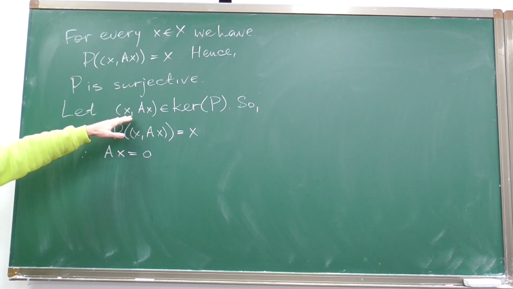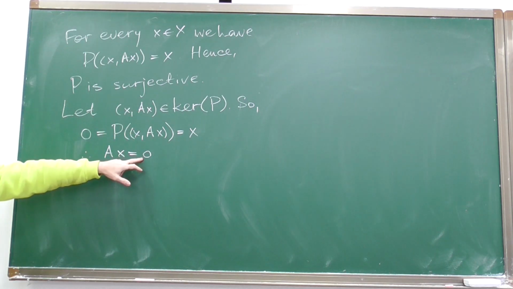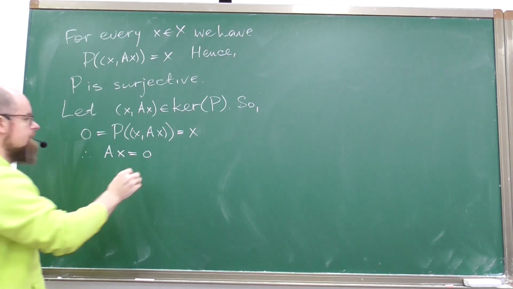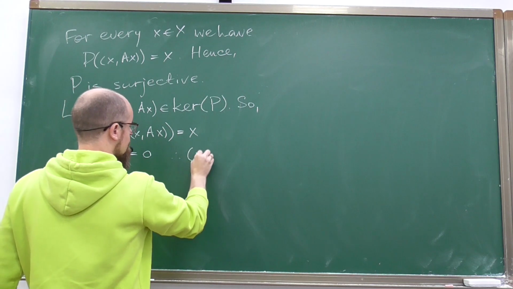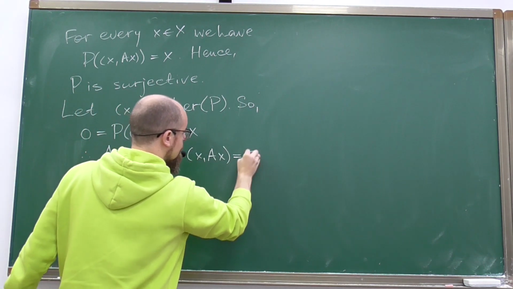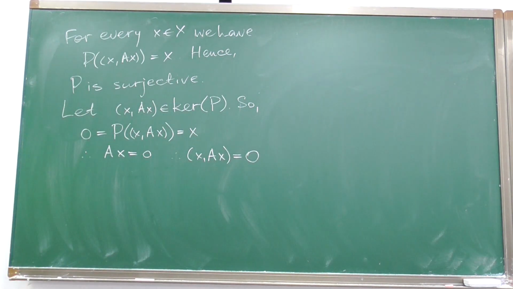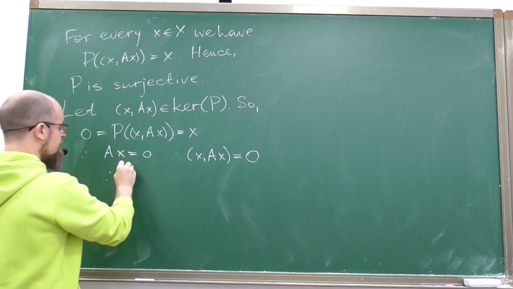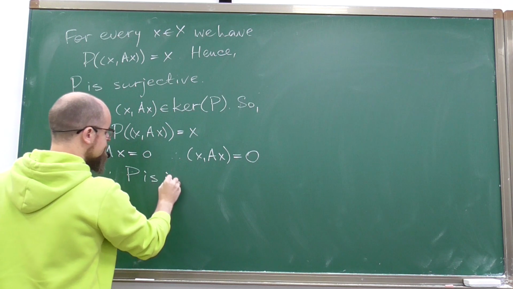But the operator A is linear, so A of x is 0 as well. So we've taken an arbitrary point from the kernel and proved that the first and the second components are zero. So this point is zero of the Cartesian product. And so P is injective.